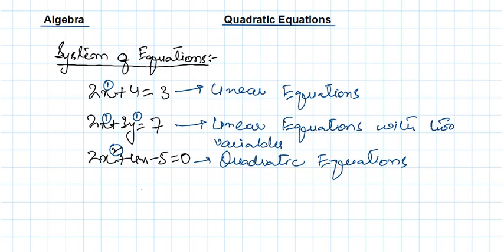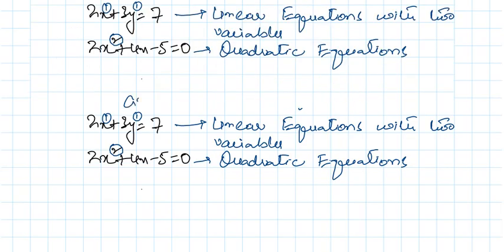Quadratic equations, there are three terms in the quadratic equation: ax square plus bx plus c equals to 0. This first term is called the quadratic term.